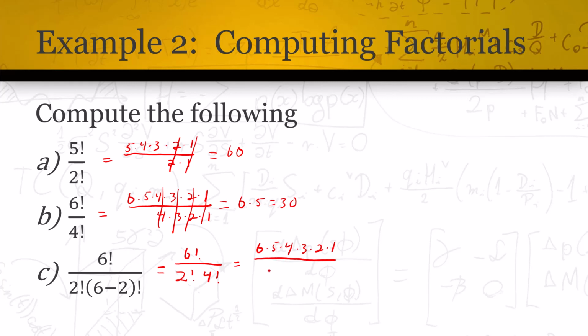Turns out 2 factorial is just simply 2, 2 times 1 is 2. Times 4 times 3 times 2 times 1. Of course, these cancel again. And then this is going to be equal to 30 divided by 2, which is 15.